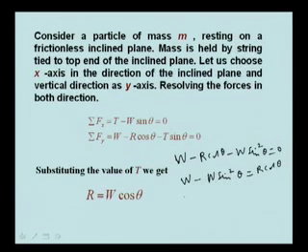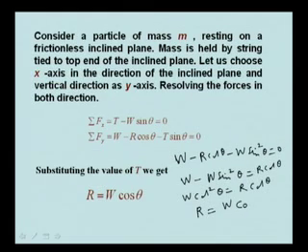This gives W cos squared theta is equal to R cos theta. Therefore, R is equal to W cos theta, which we know is correct, as you have done this problem many times. So the resultant R in this case will naturally be W cos theta.